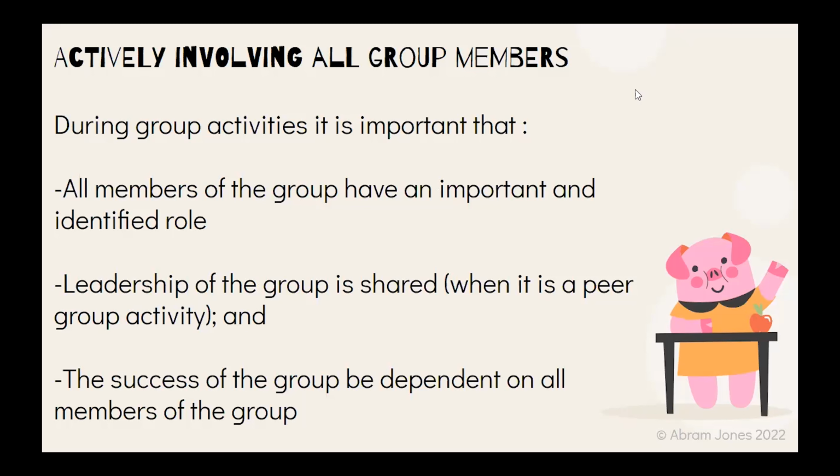It's important that leadership of the group is shared when it's a peer group activity. And the success of the group should be dependent on all members of the group. Again, this is the kind of thing that all the way up until adulthood, especially this last criterion, it's very hard to ensure.